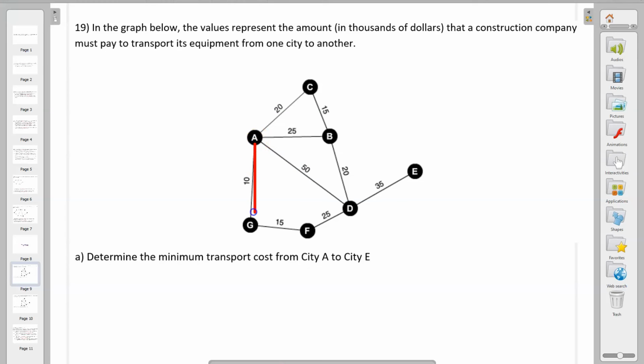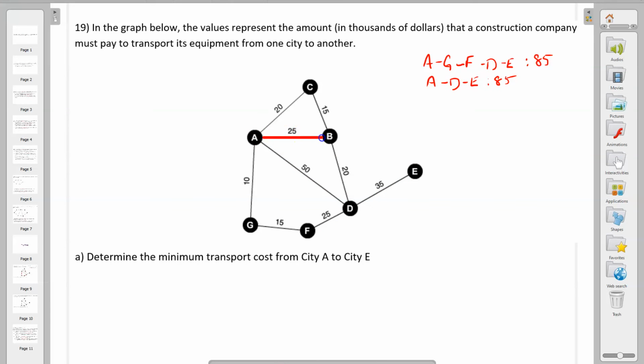I'm going to go A, G, F, D, and E. With that route, I've got 25, 50, 85. Let's try another route. A to D, 50 plus 35, actually comes out to be the same. A, D, E is also 85.